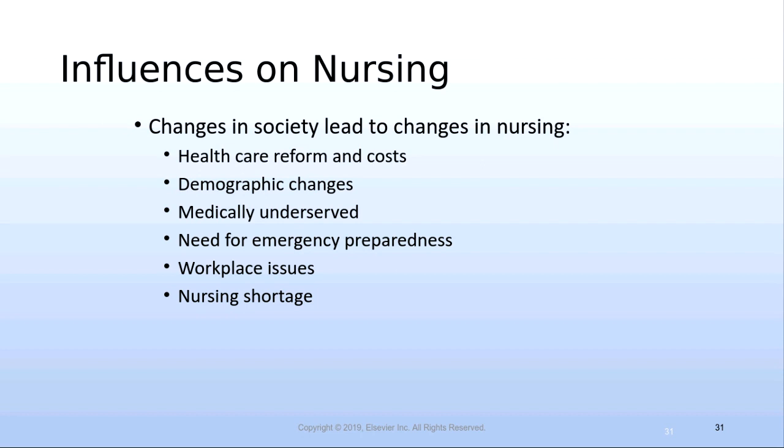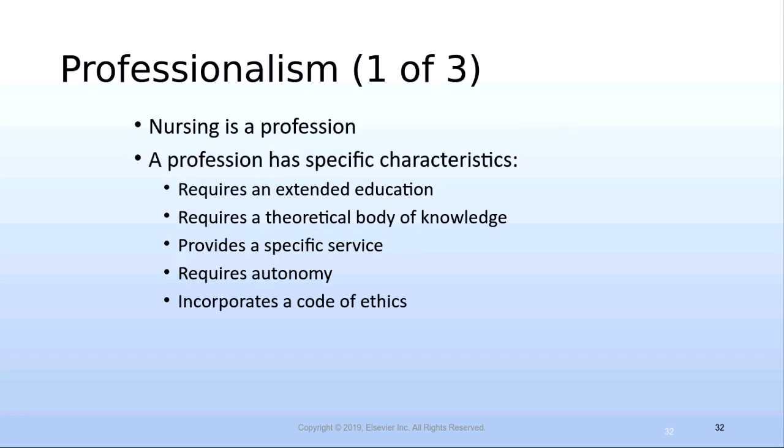So with fewer nurses in the workplace, it's important that we learn how to use our contact with our patients, our time that we have with them, efficiently and professionally. And as far as professionalism goes, nursing is a profession.